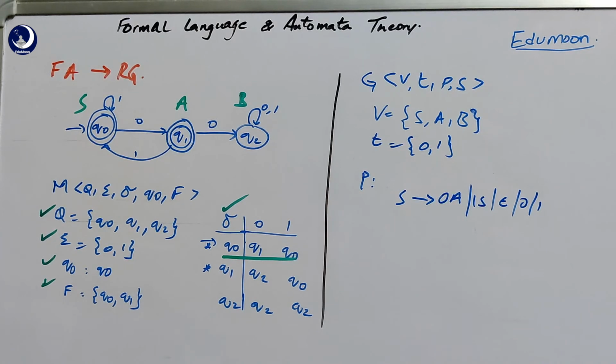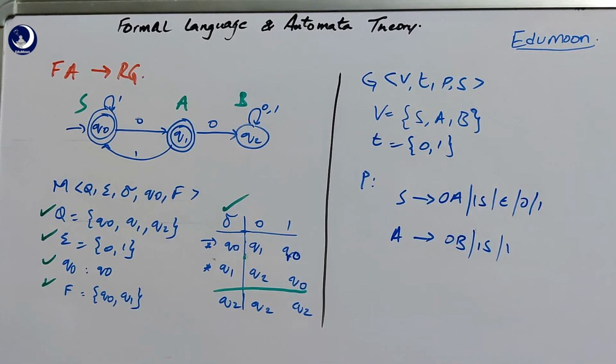Now we go with A, which is equivalent to the Q1 state in the given finite automata. Q1 on 0 goes to Q2, and we represented the Q2 state as B, so the transition will be 0B.